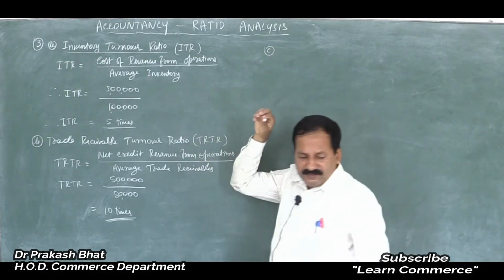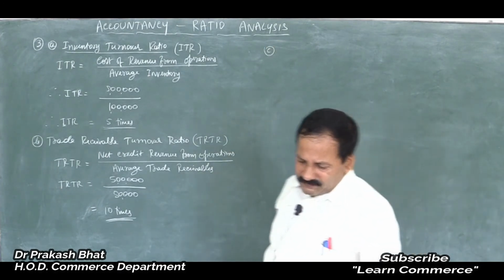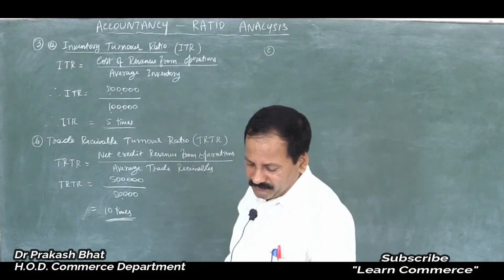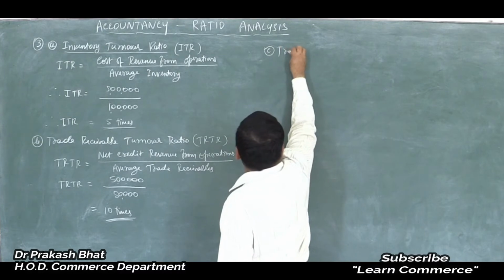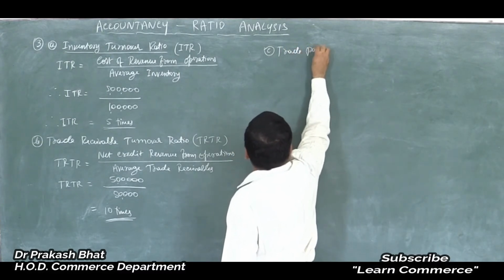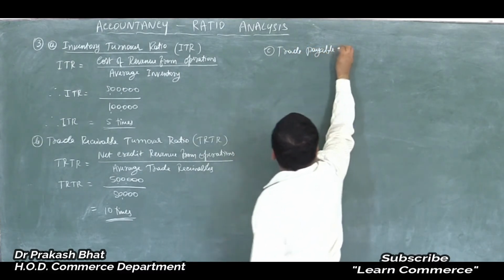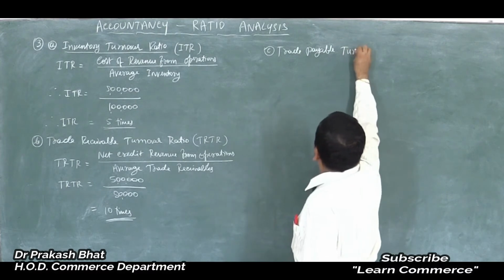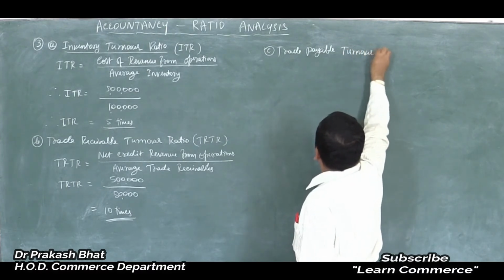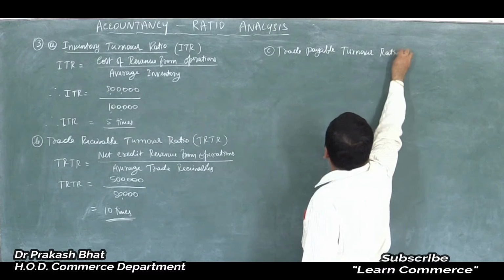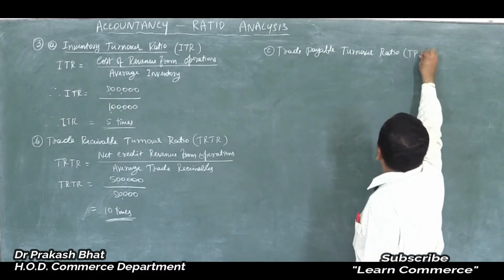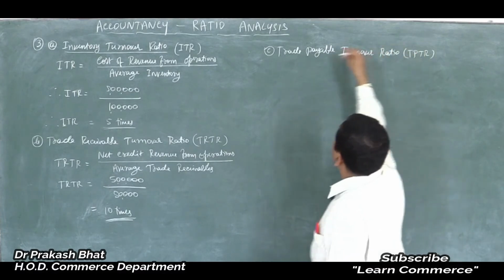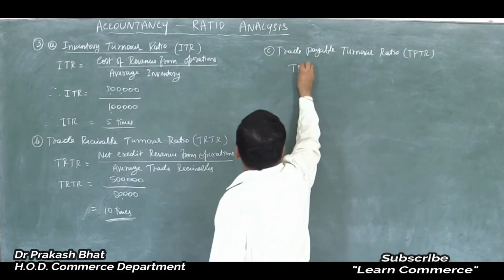Point C, isn't it? Which ratio they asked? They asked us to find out trade payable turnover ratio. That is TPTR. So write the formula.